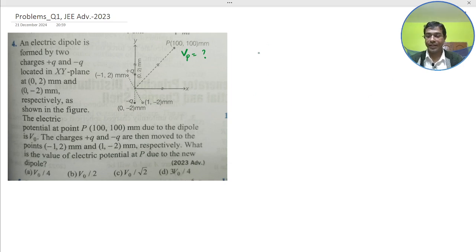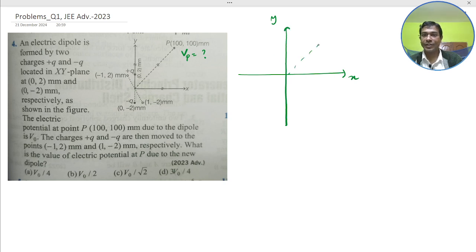So here, just draw this is the x and the y. This point is P and R, this is the 45 degree origin and this is the P naught and this is the R. We have to move this charge.